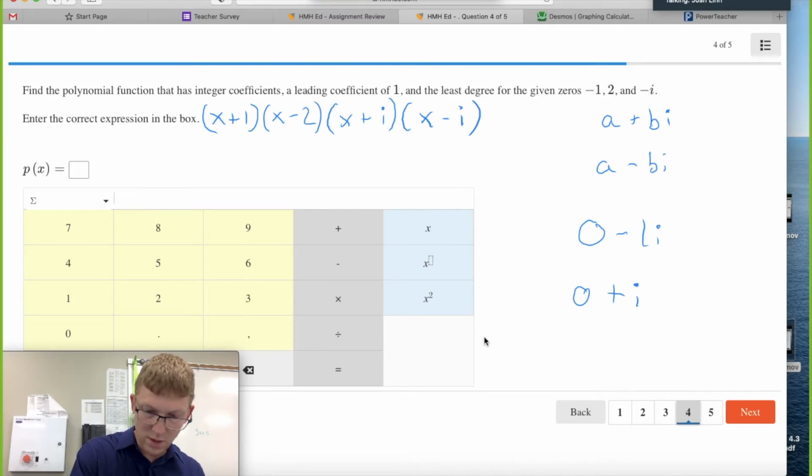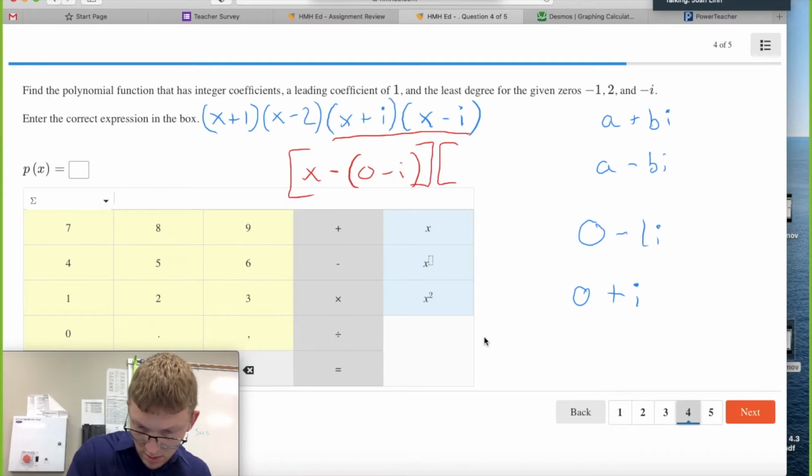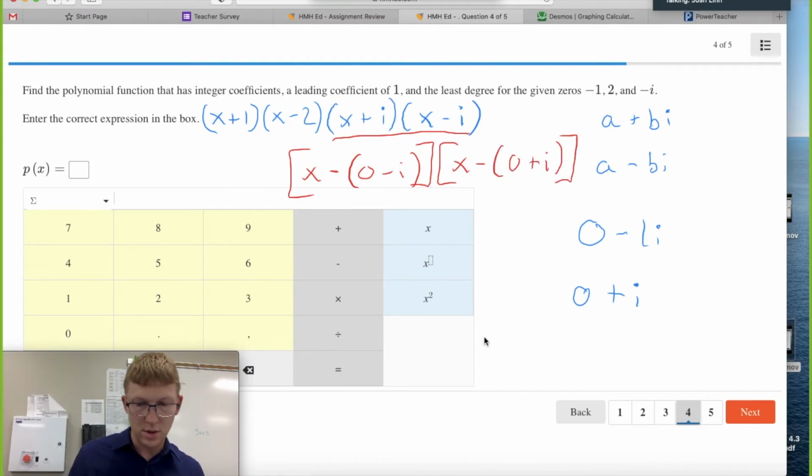These two things right here could easily be written as x minus parenthesis 0 minus i, and then the reciprocal of that would be x minus 0 plus i. Okay, so this part right here messed me up at least 3 or 4 times doing these problems.